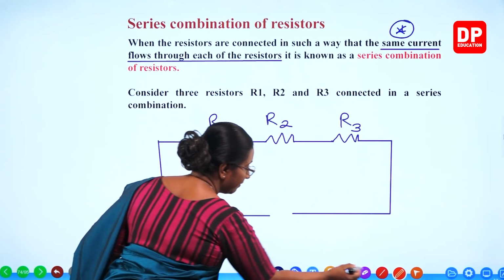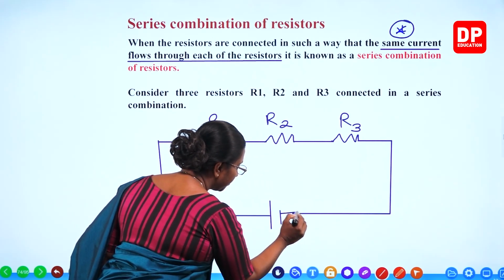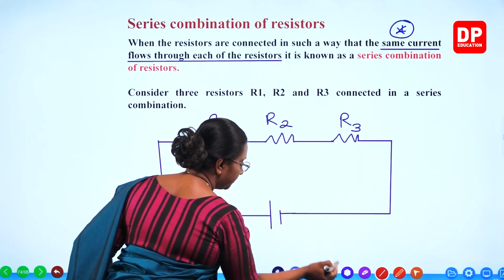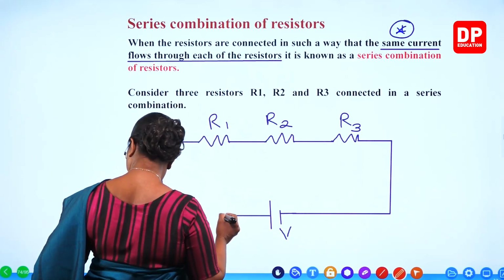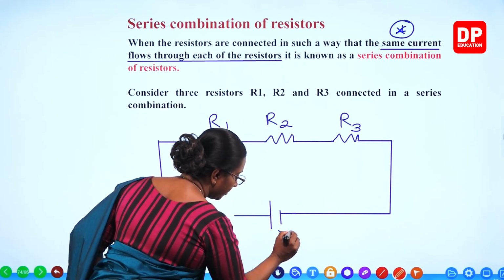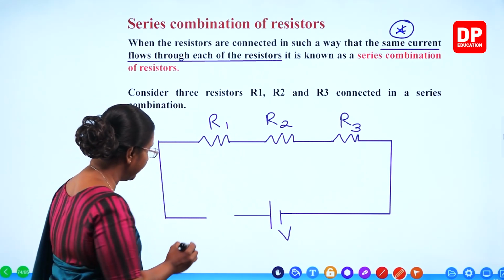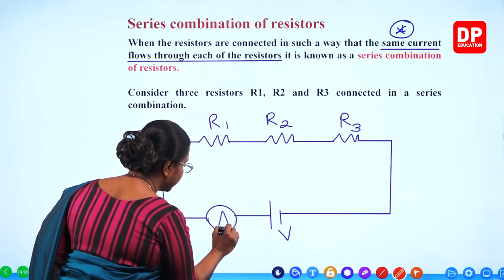Then here I will have the power source, the dry cell. So this is going to be the potential difference supplied by the dry cell, and also we will have an ammeter here.